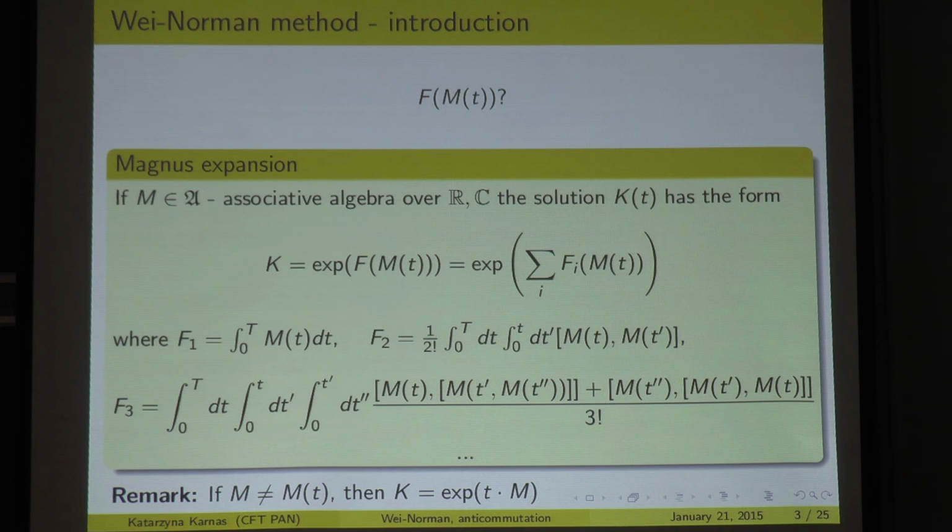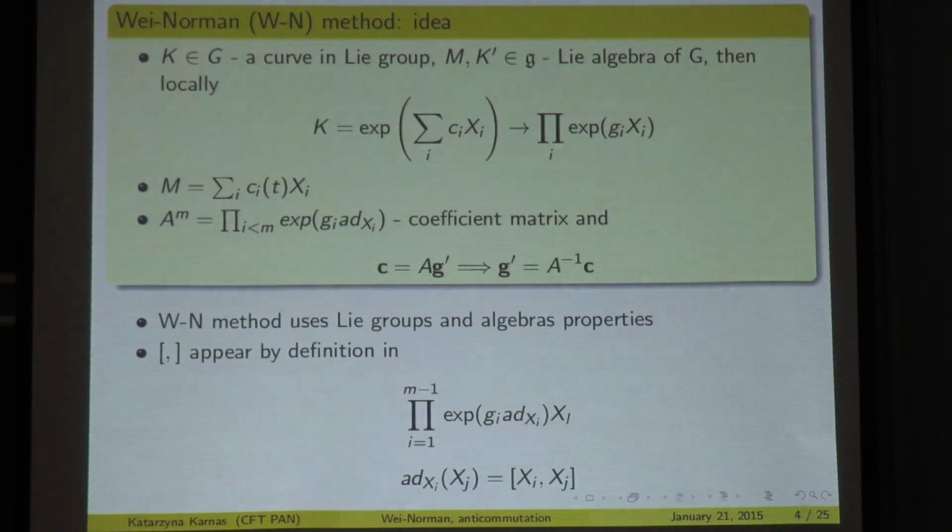Well, actually, the Magnus expansion is still not the Wei-Norman formula, but this is the first step to prove it, because sometime after Magnus, Norman simplified his formula under some additional assumptions.